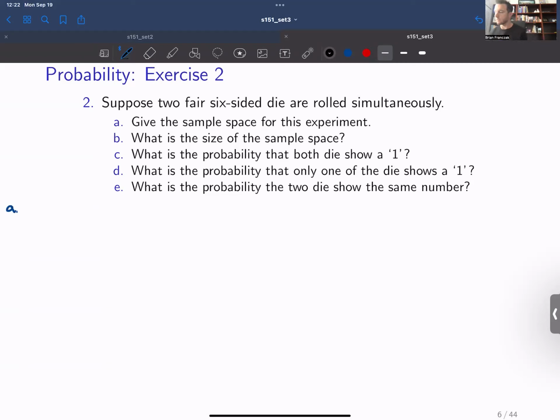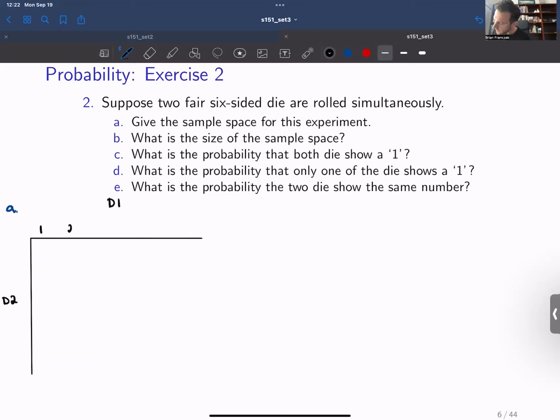So that's going to look something like this. I'm going to have the outcomes for each die running along these axes here. I'll put die 1 here, and I'll put die 2 here.